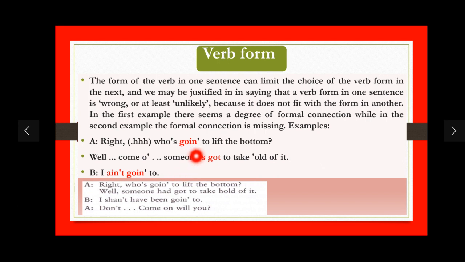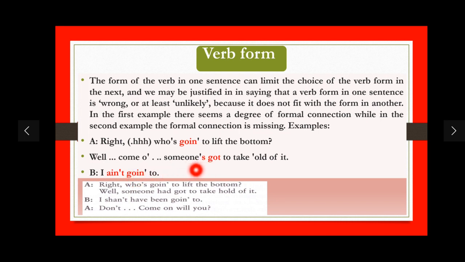There seems a formal link, because "who's going" is present continuous tense, and "someone has got" is also present tense, right? And "I ain't going to" is also present continuous tense. So in this example, we have three verb forms: going, present tense; has got, present tense; and ain't going, present tense.